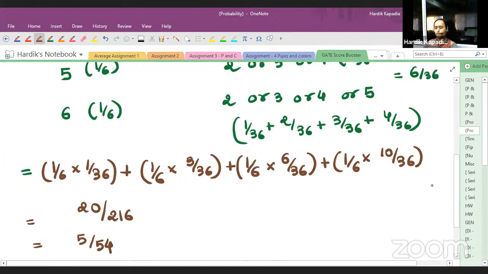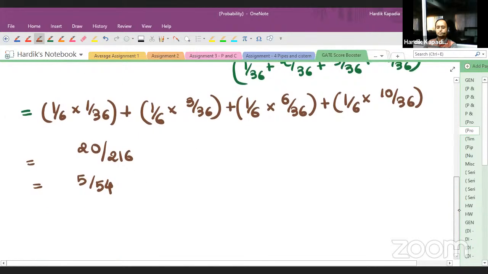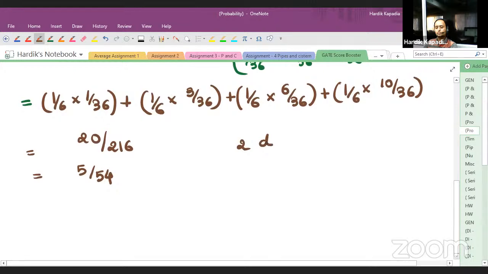Sure, yeah. There are 2 dice. If I want 2, the sum of both the dice, then on one dice it is 1 and on the other dice it is 1. So it is in one way only.